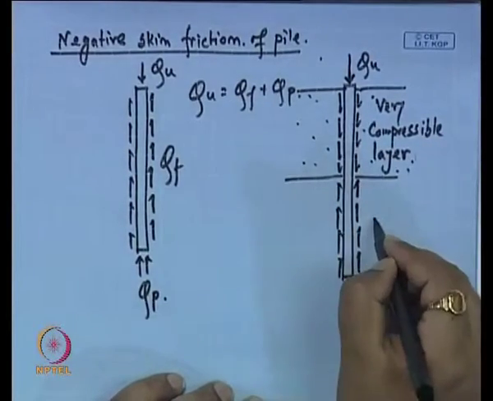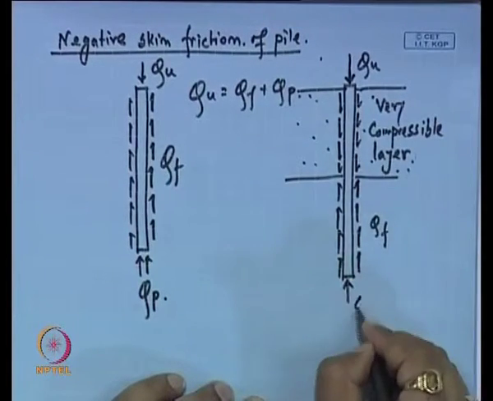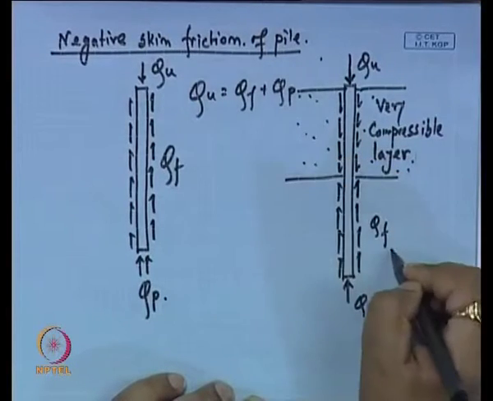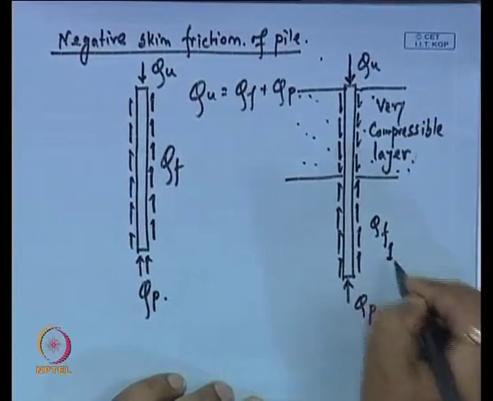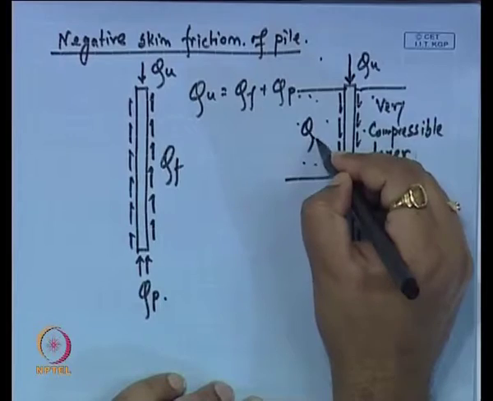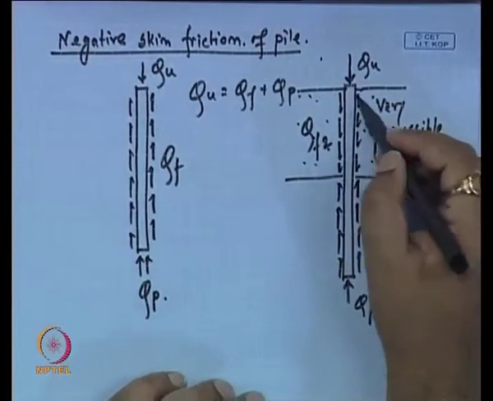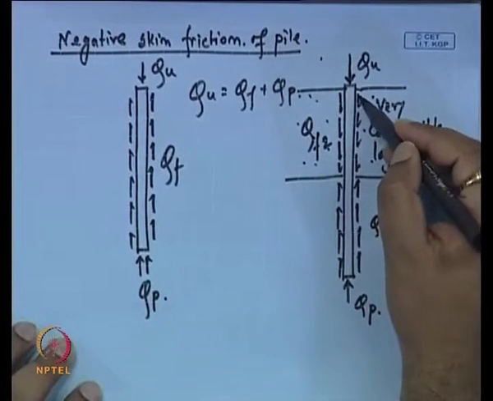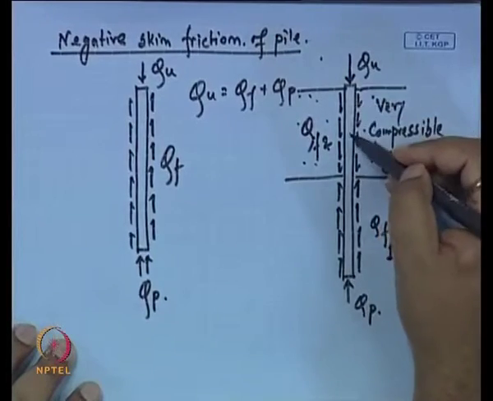So, now, if the resistance of this part is Q f1, and Q p is the tip resistance, and this is the fixed negative skin friction Q f2. This friction will not give any resistance, it will act as a load on the pile, because it is acting in the downward direction.